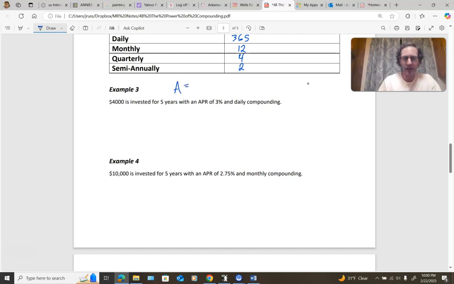So the accumulated value is equal to the principal times 1 plus the APR over lowercase n, and then we're raising this to the power of n times y. Okay, so P is $4,000, y is 5 years, and then my APR as a decimal will be 0.03.